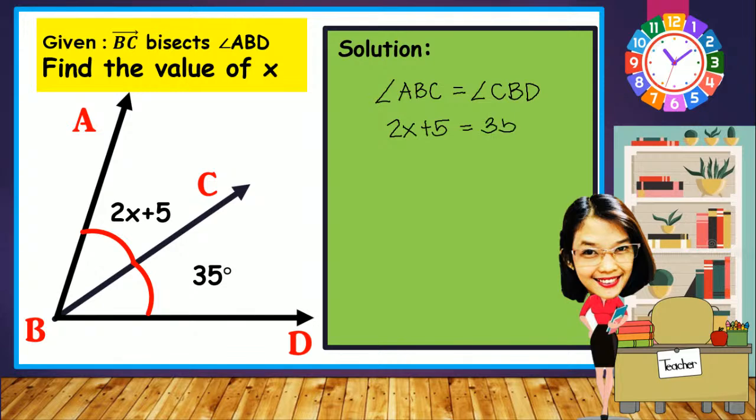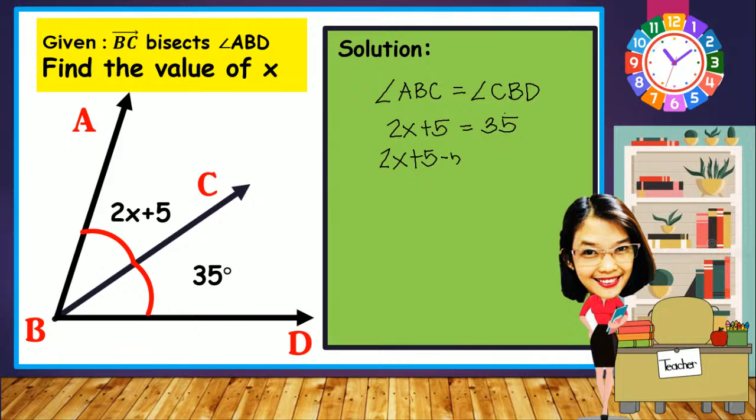So, we have to solve for x. How are we going to do that? We will apply what we have studied about algebraic equation. So, since we have plus 5 in here, we need to remove it by subtracting 5 on both sides of the equation. So, 2x plus 5, it's hard to write here.